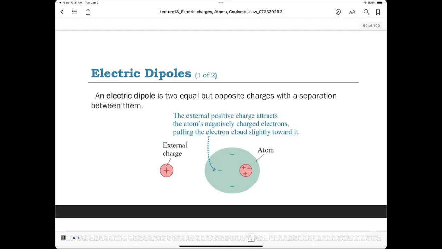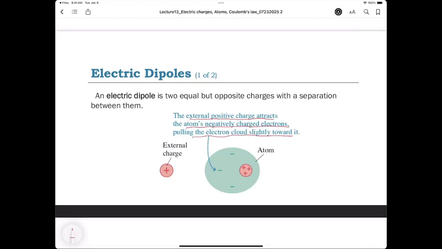You can see here two equal but opposite charges with a separation between them. The external positive charge attracts the atom's negatively charged electrons, pulling the electron cloud slightly toward it. Does it make sense to you?